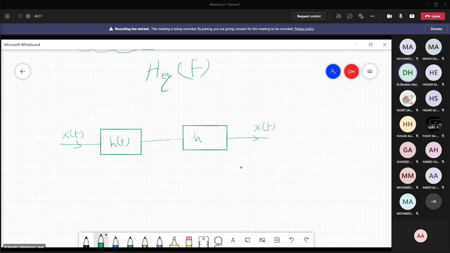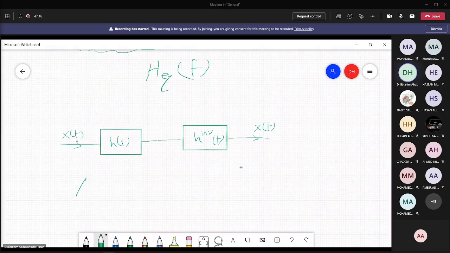This one we call h inverse of t. Working in the time domain, it is not easy to find h inverse. But working in the frequency domain, it is very easy. How?